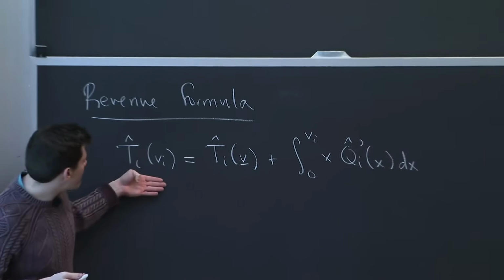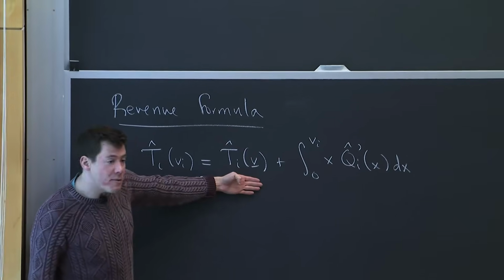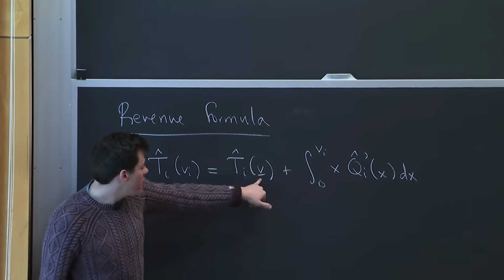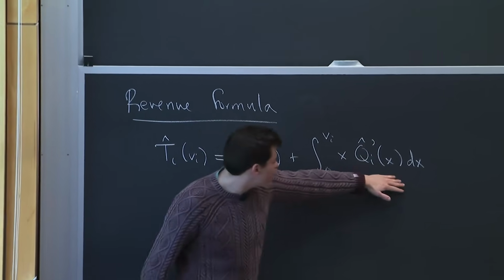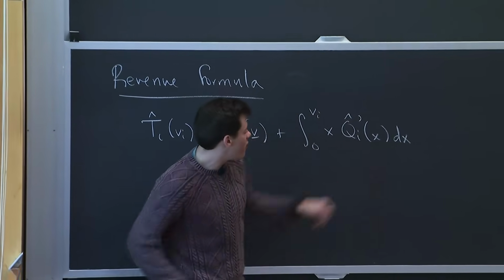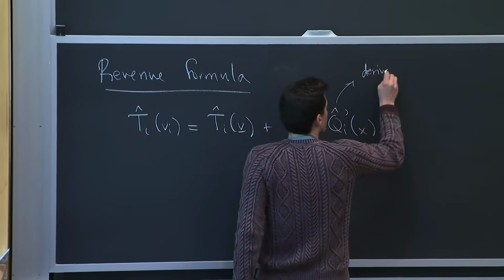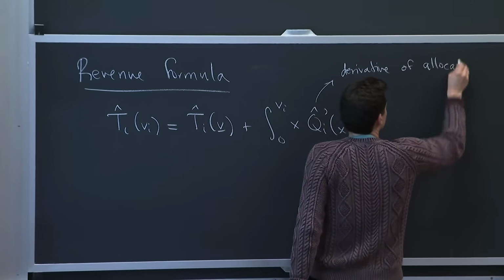So we said the expected payment of a bidder with valuation Vi in this equilibrium is equal to the expected payment of bidder i when she has the lowest possible valuation, plus this integral of maybe this kind of mysterious term of x times the derivative of this function q hat, where remember this is the derivative of the allocation probability.